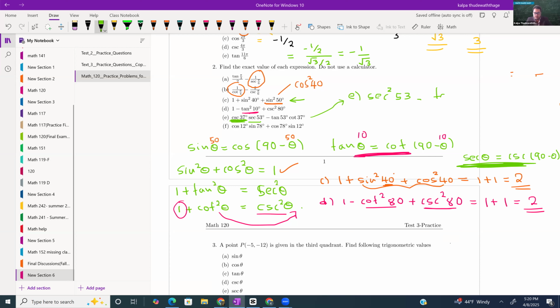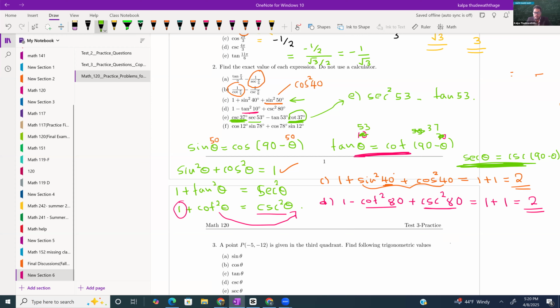Minus tan 53 I keep, but cotangent 37 I can change, because cotangent 37 is equal to tan 53.